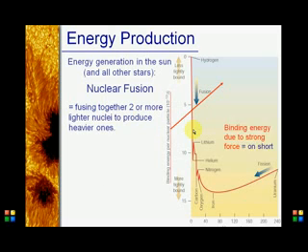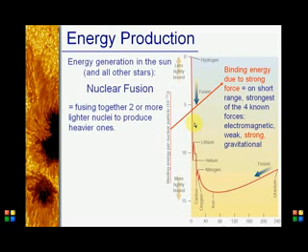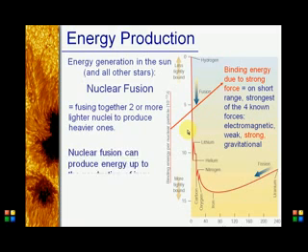So the energy production in the sun is caused by nuclear fusion, fusing together two or more lighter nuclei to produce heavier ones. It's the binding energy due to the strong force on short range, the strongest of the four known forces: electromagnetic, weak, strong, and gravitational.